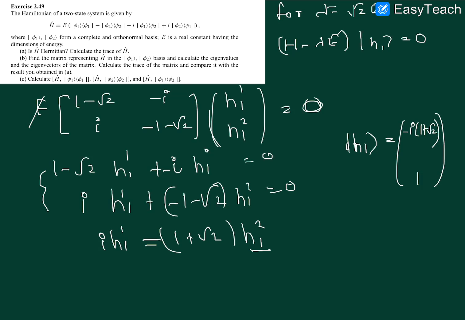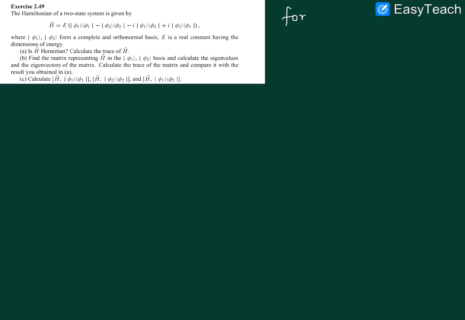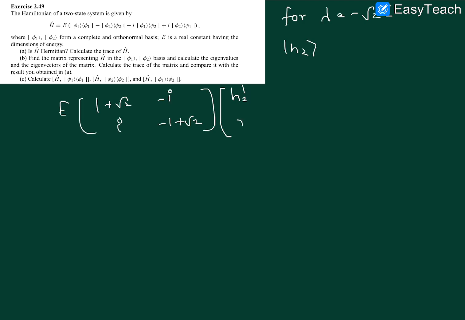Similarly, we'll find the eigenvector for lambda equals minus root 2 E, that is E times the matrix 1 plus root 2, minus i, i, minus 1 plus root 2. Now the eigenvector is h2, with components h21, h22, equal to 0.